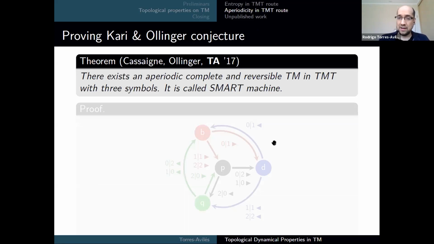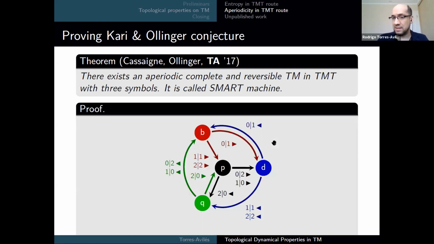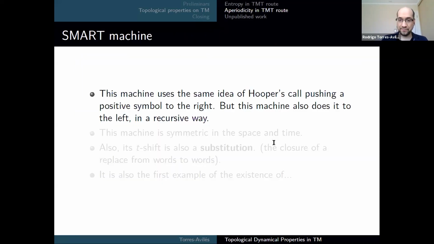In 2017, by Ksenia Ollinger and myself, what is called the smart machine was presented. The smart machine responds to the conjecture of 2008 by Kari and Ollinger; it is in fact a complete and reversible aperiodic Turing machine. It computes with the same idea as the Hooper machine, but not only to the right, but also to the left.